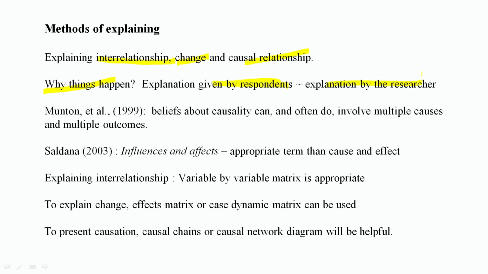There are different kinds of relationships which we have seen, that is semantic relationship. We have to define it, explain the relationship variable by variable, or we can find it with the phenomena and variable. Another aspect is presenting the causation. Causal chains or causal network diagrams will be helpful in this matter.